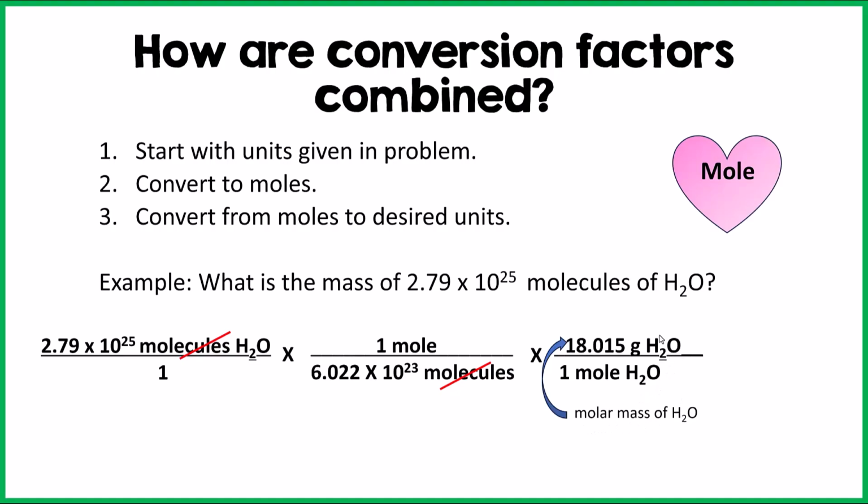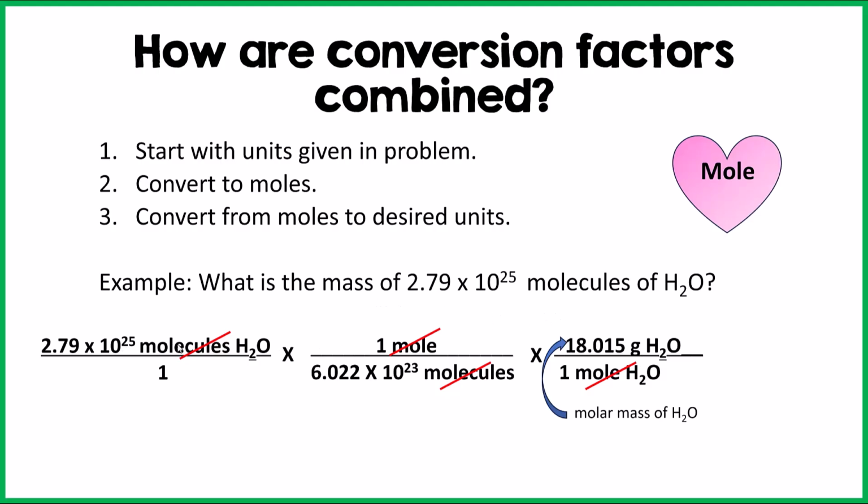So we took the mass of 2 atoms of hydrogen and 1 atom of oxygen, and that became our molar mass here at 18.015. That allows us to eliminate moles as a unit, since we have it on the top and the bottom here. And we're left with grams, which is mass, and that's exactly what we're looking for.